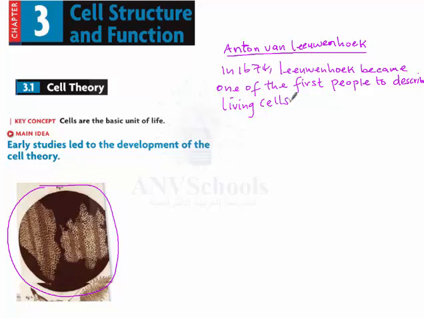So what he used to do was simple. Leeuwenhoek used to collect water from gutters. He used to collect water from ponds and then observe. To his amusement, he used to see small organisms swirling about, moving up and down.